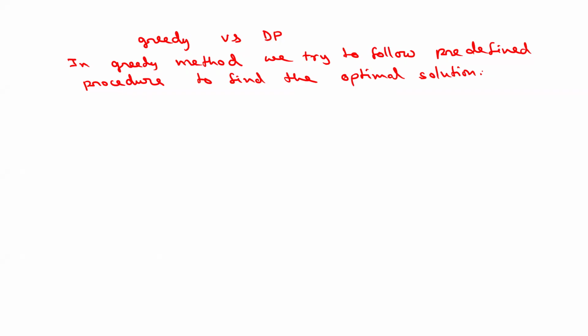Optimal solution means either maximum or the minimum. Optimization problem means where we find the solution that is the optimal solution. Optimal means either maximum or the minimum.